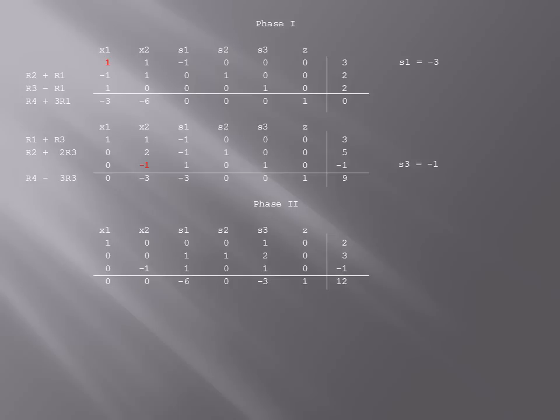And so the pivot column will be the third column. And since there's only one positive ratio, the pivot row is the second row.